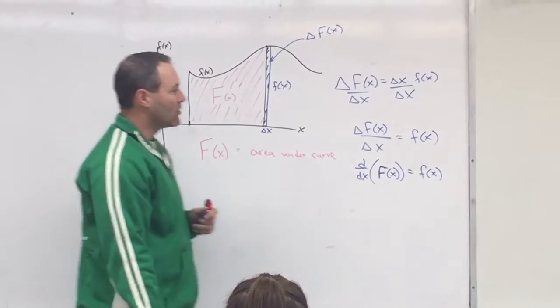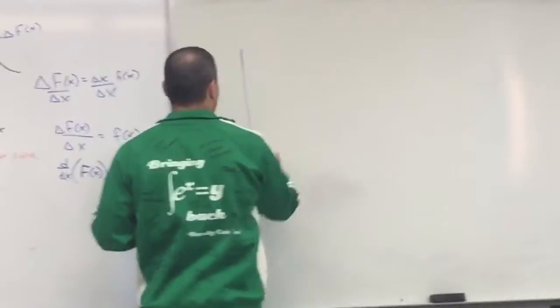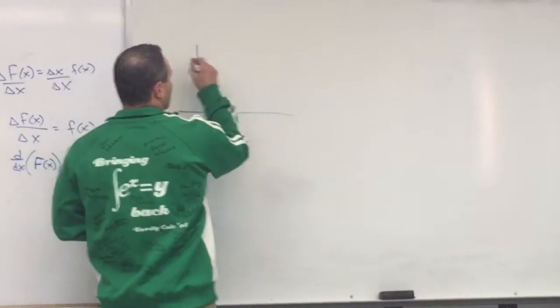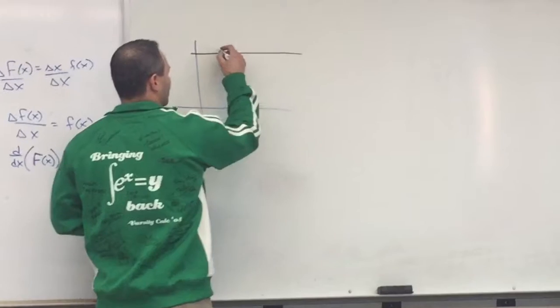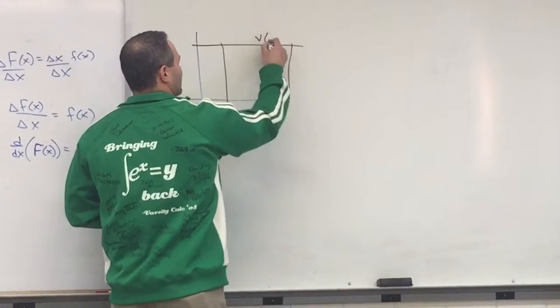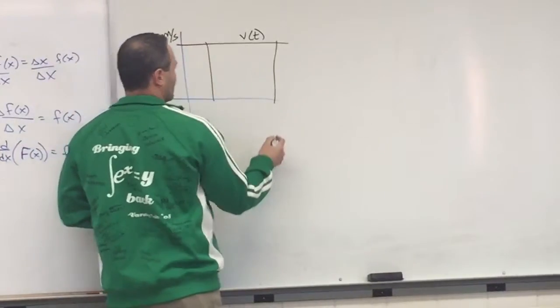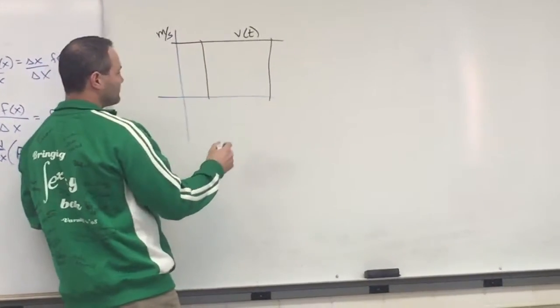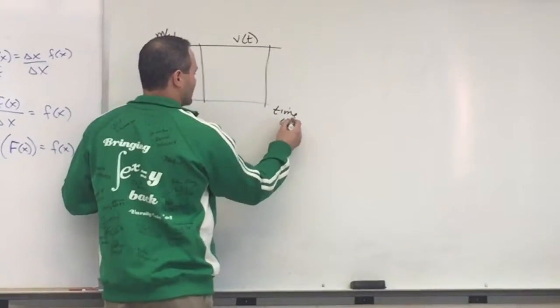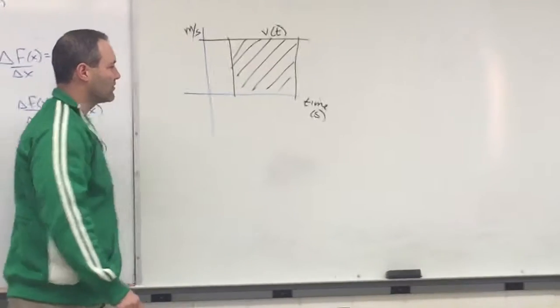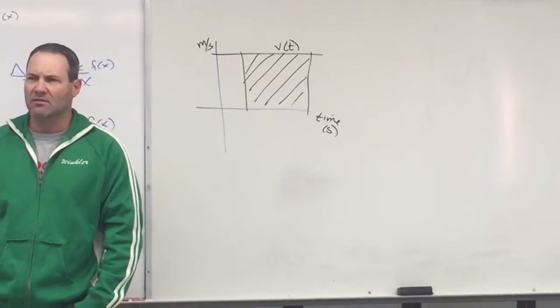Okay? Do you remember when we had the velocity? We just did a rectangle, I think. If this is v of t, in meters per second, and this is time in seconds, the area underneath this velocity curve, remember what that gave us?